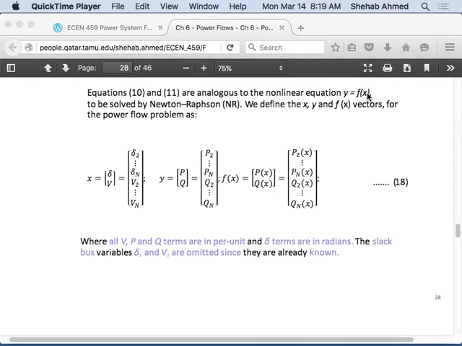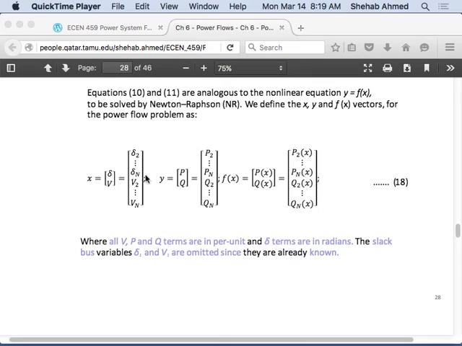The left-hand side is all the P's and Q's that you know at the specific buses, and the right-hand side is the summations that we have in terms of the voltages and angles, right? So this f of x looks basically like y, except that it's the unknown. It's the summations with these equations where you have V and delta unknowns that you have to plug in, guess the values of, and estimate.